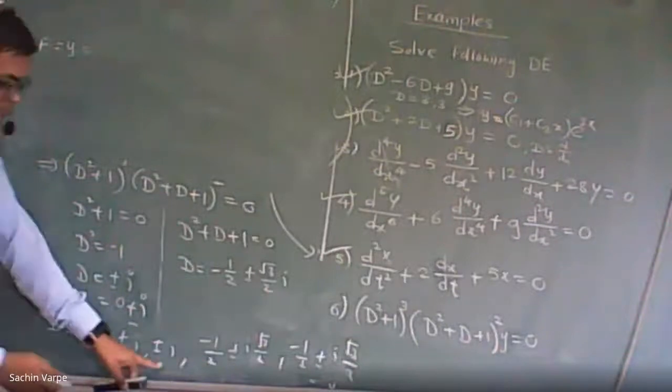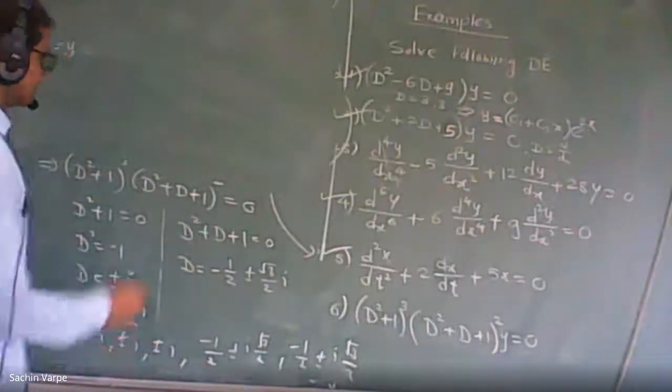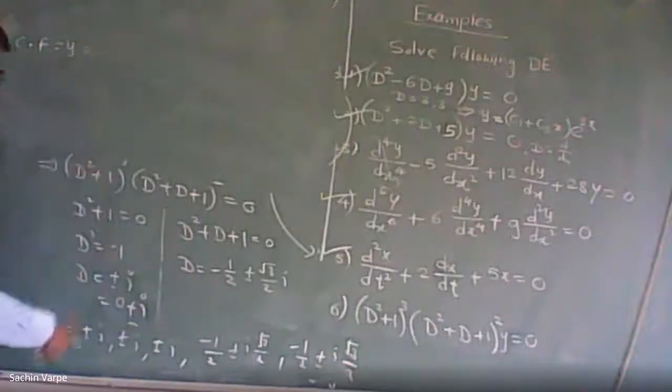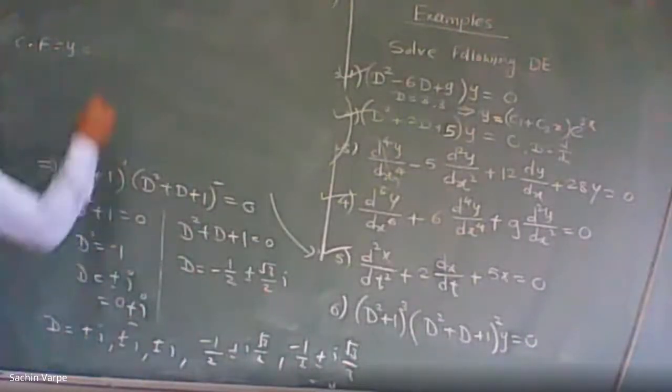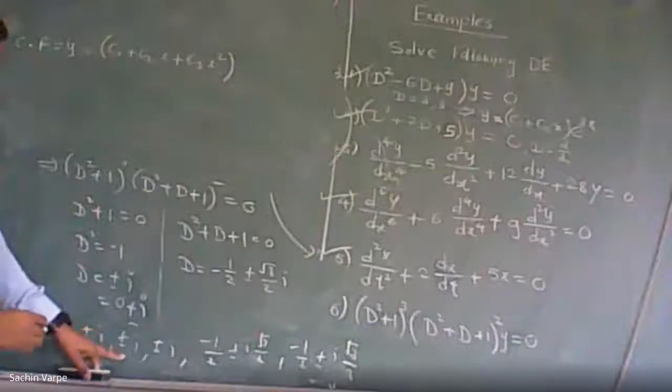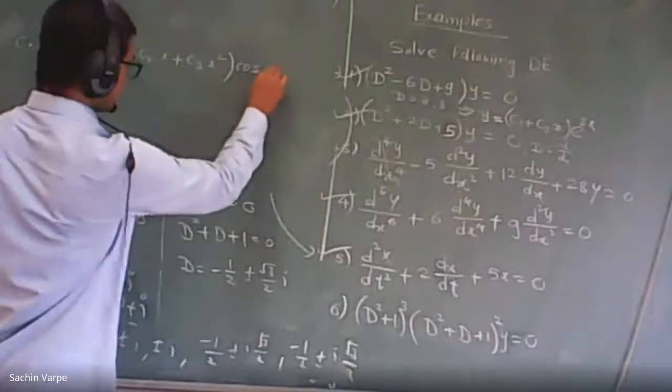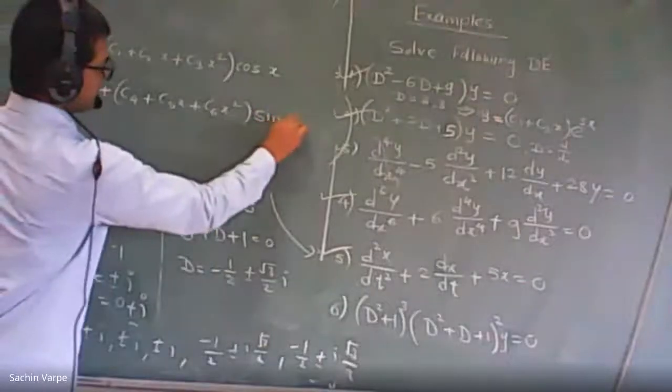Since this imaginary root is repeated thrice, the polynomial will be e raised to 0, because the real part is 0, so e raised to 0 is 1: (c1 plus c2 x plus c3 x square) cos of beta x, that is cos of 1x, plus (c4 plus c5 x plus c6 x square) sin x.